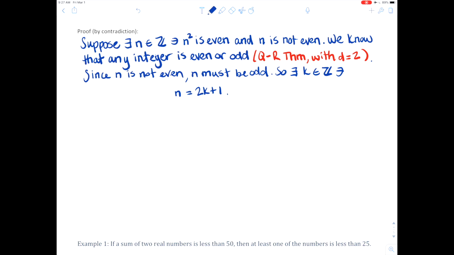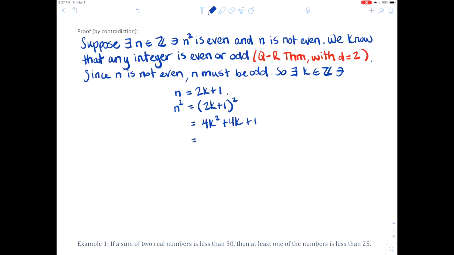All right, well, if n is equal to 2k plus 1 and we square both sides, we would get n squared is equal to 2k plus 1, the quantity squared, which is equal to 4k squared plus 4k plus 1.